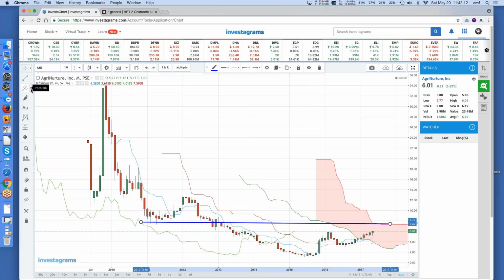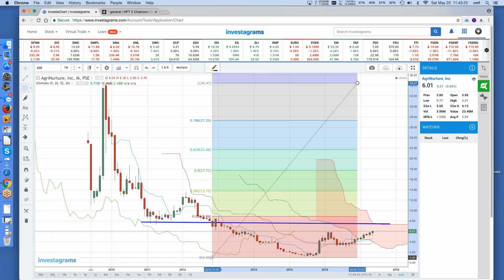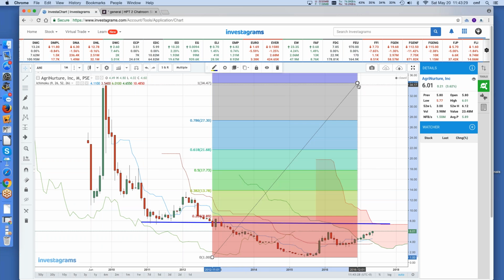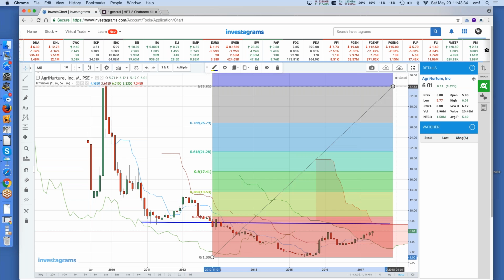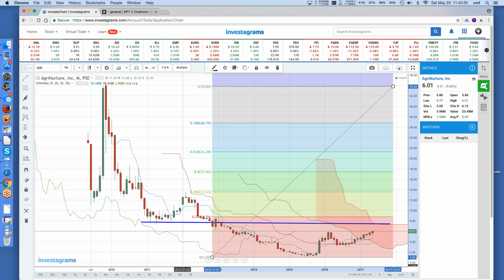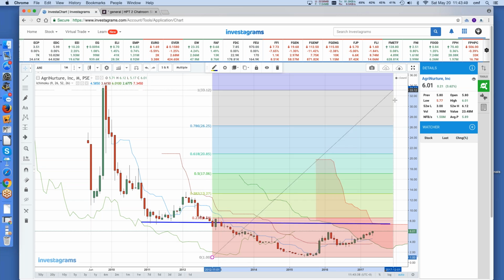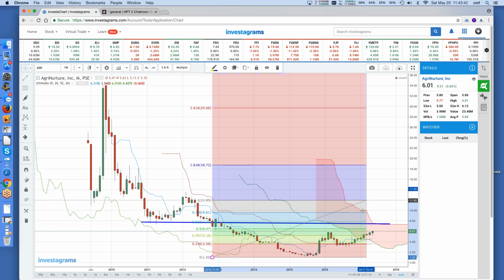Now if you plot Fibonacci once again, we have the monthly chart. No, we'll do it on a smaller time frame.